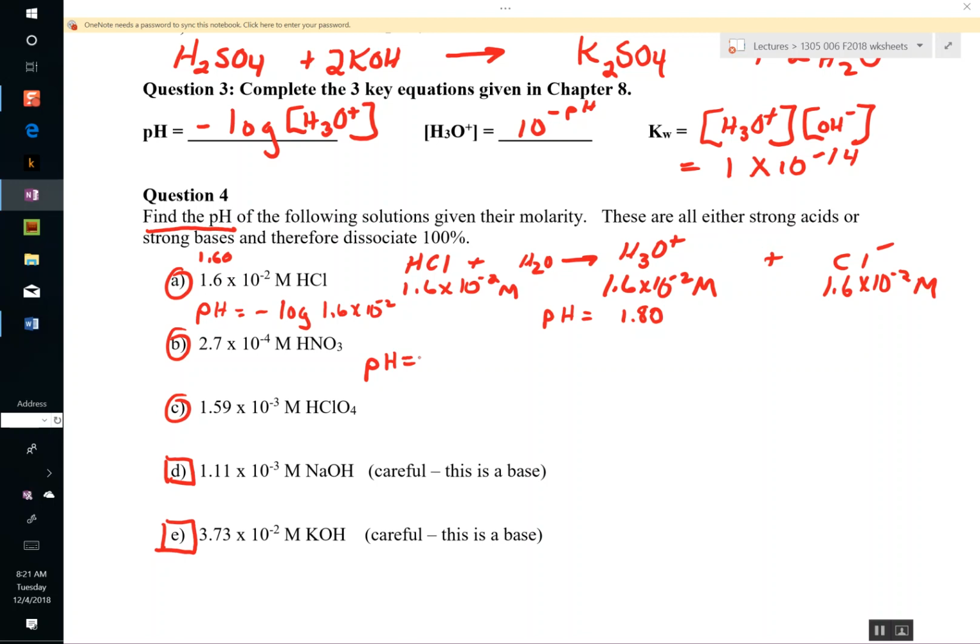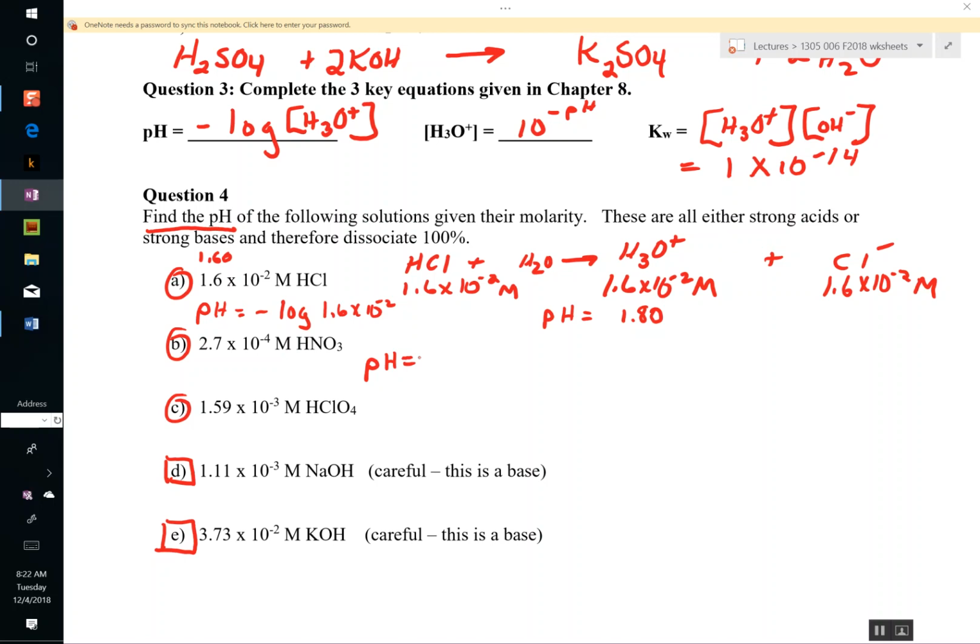Let's see how to do it on yours. Clear this. So, where's your log key? Right here. Okay, and where's your EE key? Do you have an EE key? This is a TI-30.